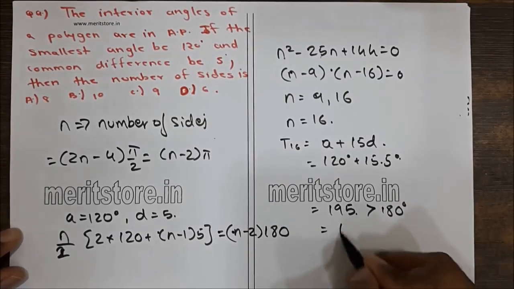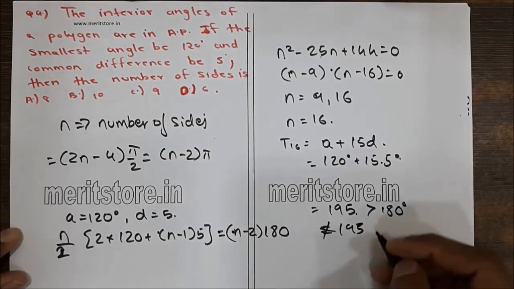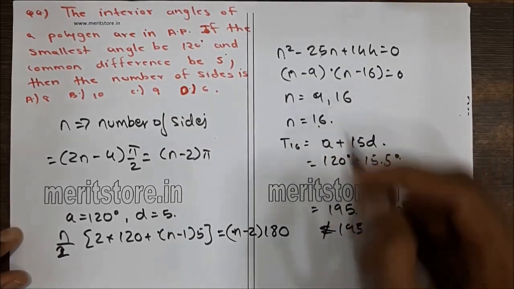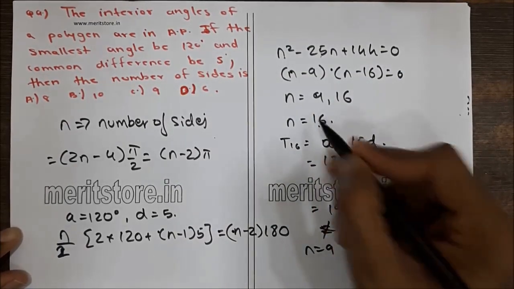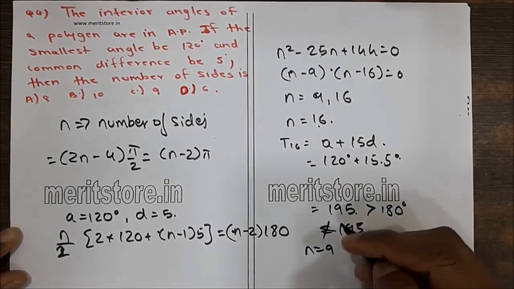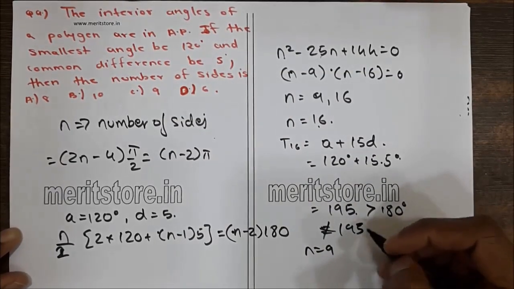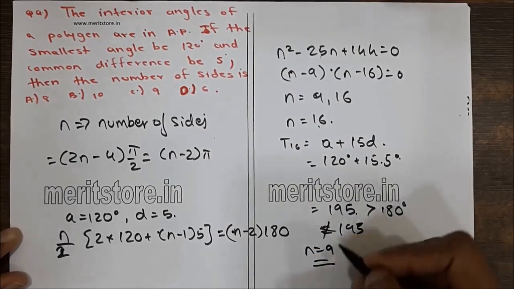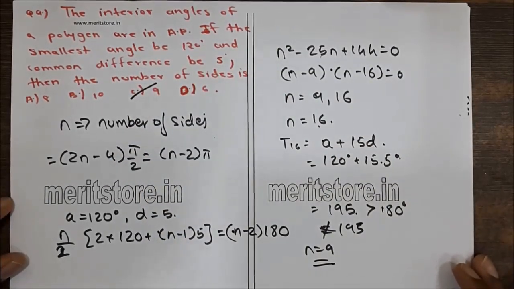So 195 is not a correct answer for 16. If we substitute 9, we get a value less than 180 degrees, which satisfies the condition of an interior angle of a polygon. Therefore n equal to 9 is correct, that is option C is the correct answer.